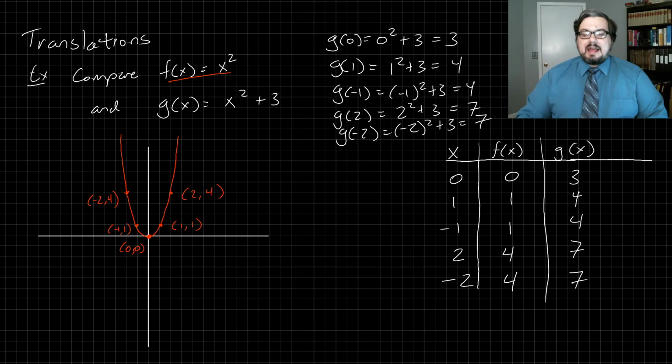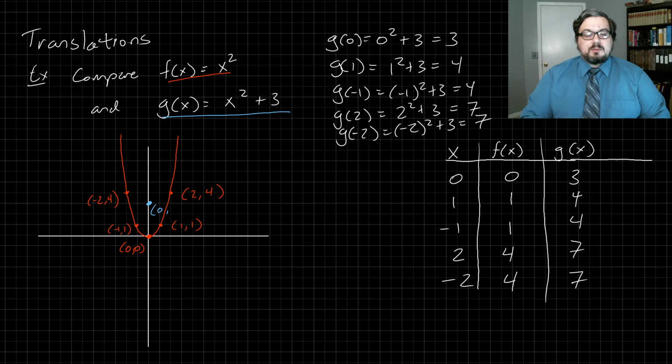And notice what has happened here. Because the function g of x, which I will sketch in blue, has a formula where part of the formula, the x squared, is exactly the same as the formula for f of x. The only thing that changes between the graphs of f and g is that the y values of the points that we find are 3 higher.